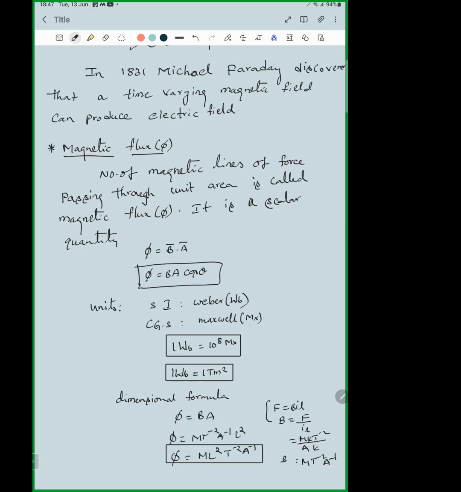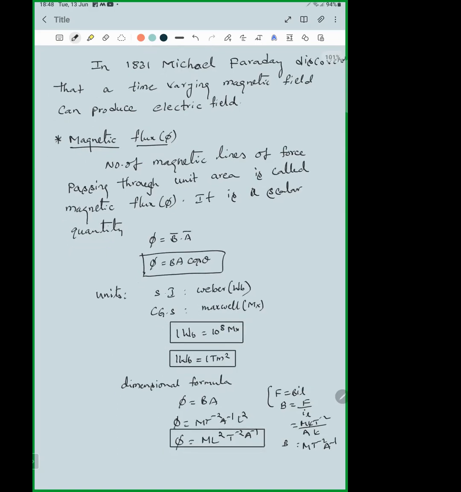This formula can be used only in the case of a uniform magnetic field. Then what formula do we choose in the case of a non-uniform magnetic field? Take a screenshot of this one.